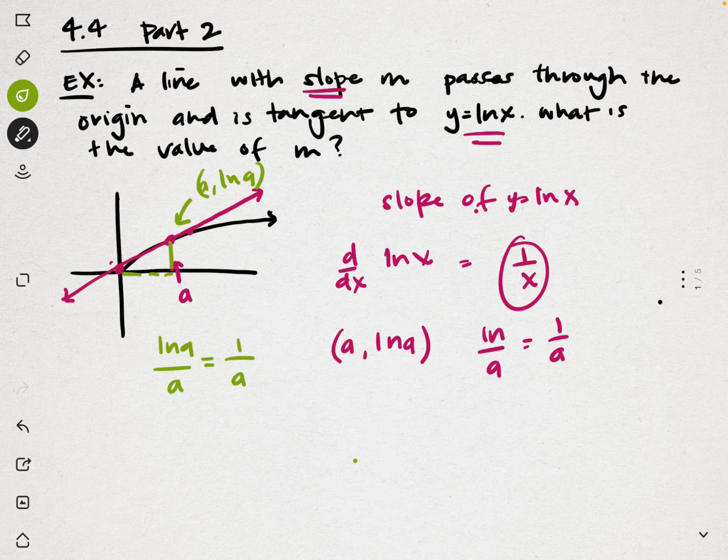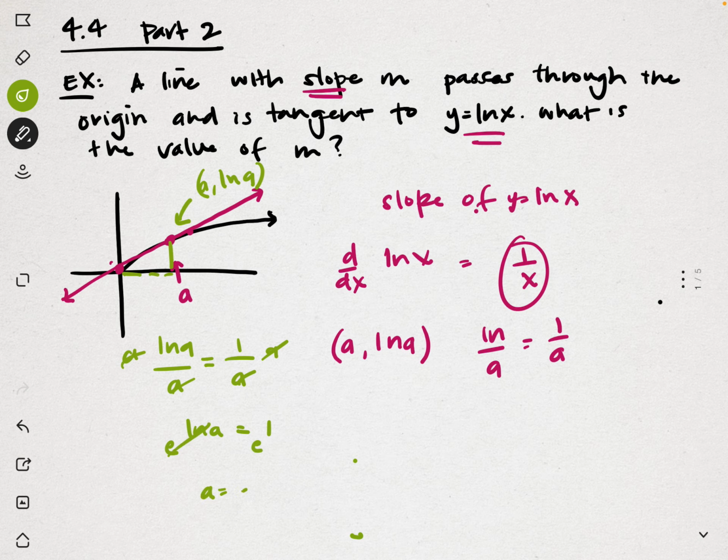Now let's go ahead and solve this for A. Notice that we have A's in the denominator, so if we multiply by A on both sides, those all cancel out. So we have ln A equals 1. Now remember that we have the rule from pre-calculus and Algebra 2 that if we do e to the ln, they cancel out.